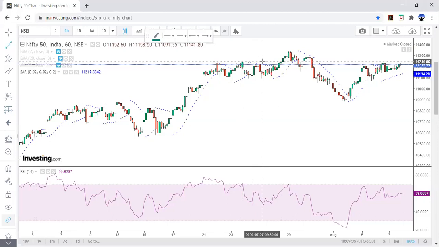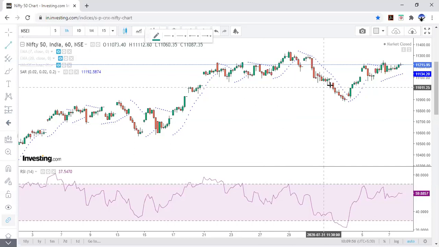In that we are using the weekly chart and hourly chart. Hourly charts are generally used for weekly trading, as we learned in the previous sections. Now we are seeing the last week, from the second to the fifth.